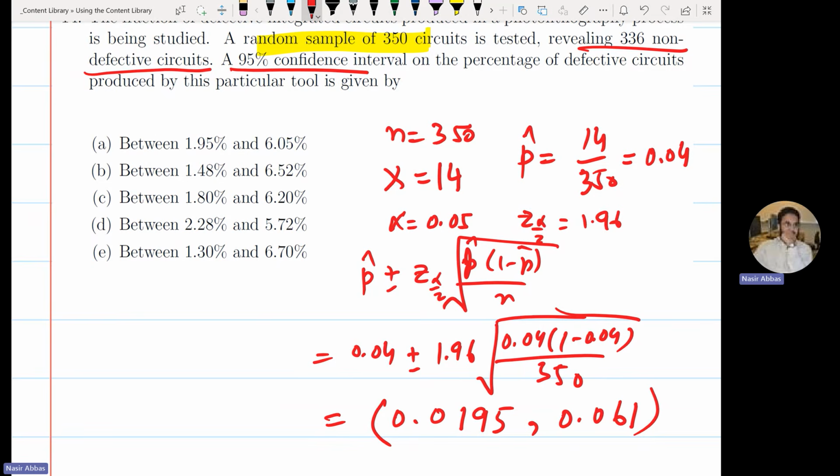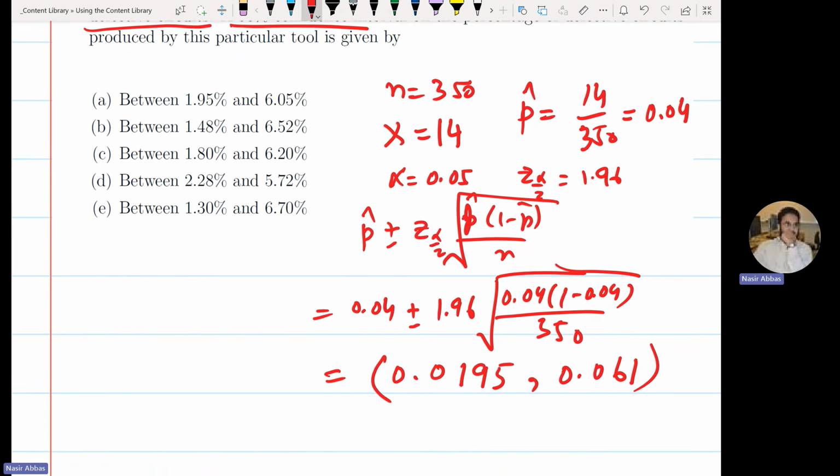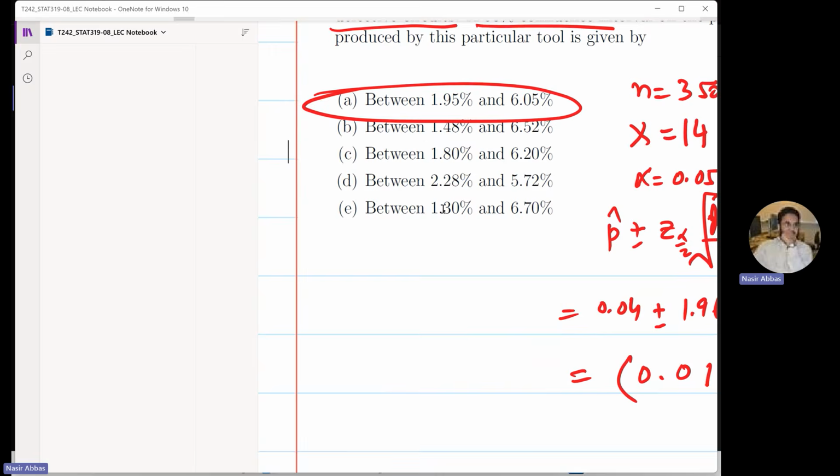Which one is closest in terms of percentage? A is closest, in terms of percentage. This is the end of 233. We solved two exams, 241 and 233.